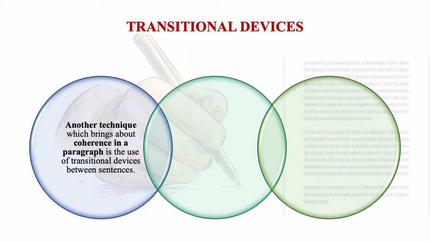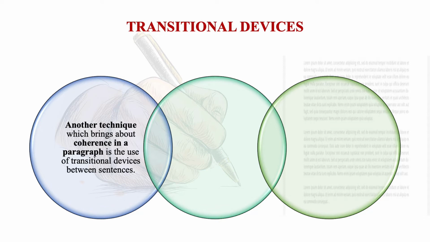So what do we mean by transitional devices? The whole concept of transitional devices can be understood as a technique which brings about coherence in a paragraph. When I say coherence, it brings connection between the sentences in a paragraph.